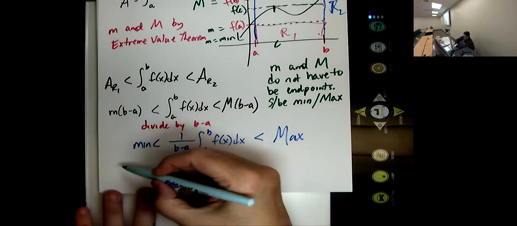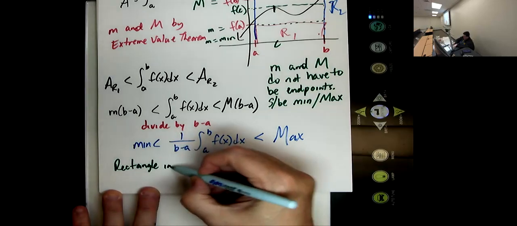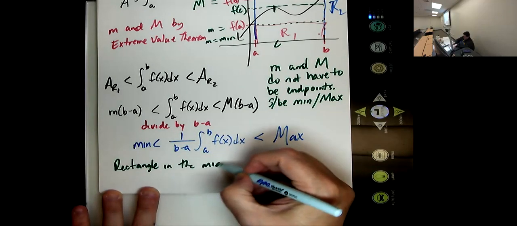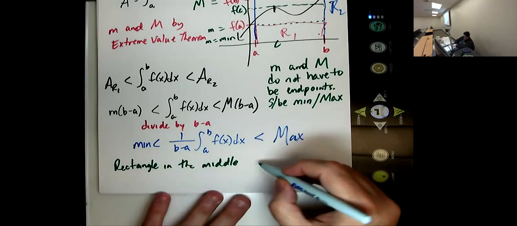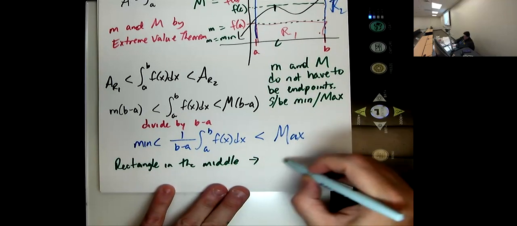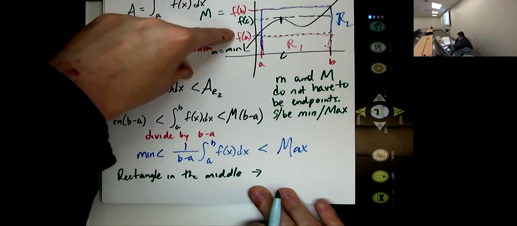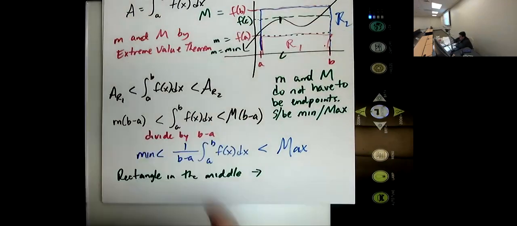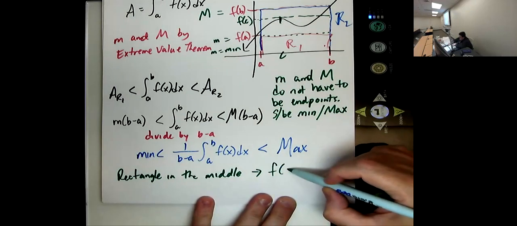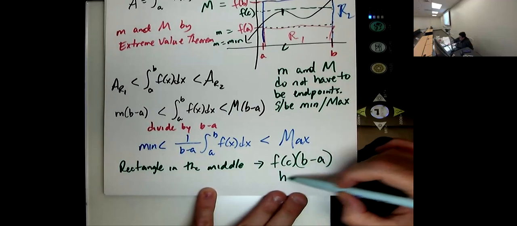There's some rectangle in the middle. That's the average of those two. We had this as f of A and f of B. This is going to be f of C times B minus A. That'll be the height, that'll be the width.